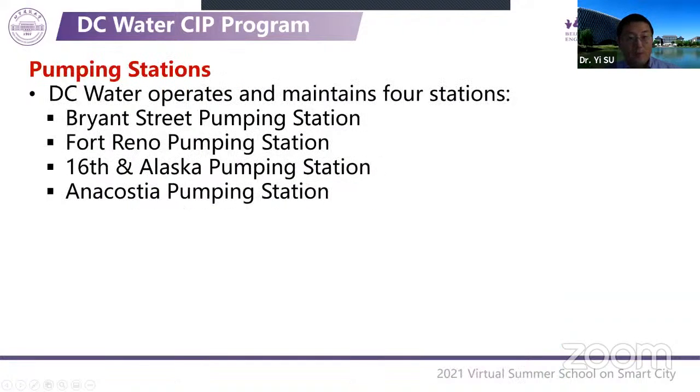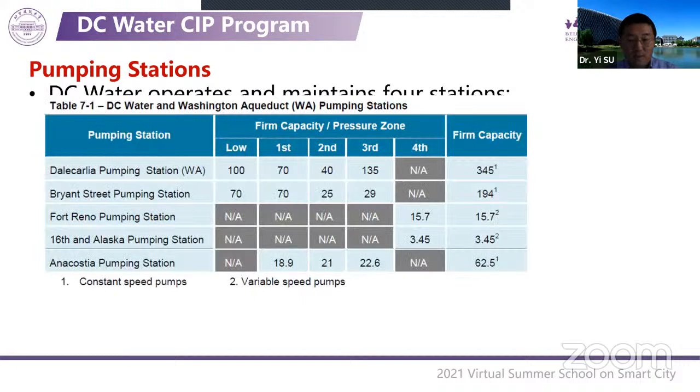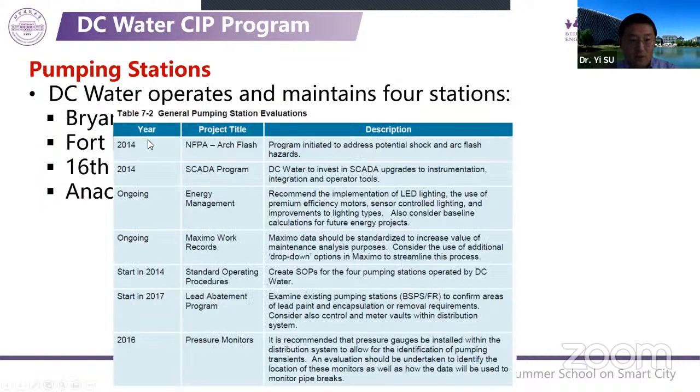Also pumping stations. What I'm introducing right now is like in the knapsack problem, different items, what are their size and their values. That's the goal for these parts. So DC Water operates and maintains 4 stations, their capacities, and those are the evaluations.